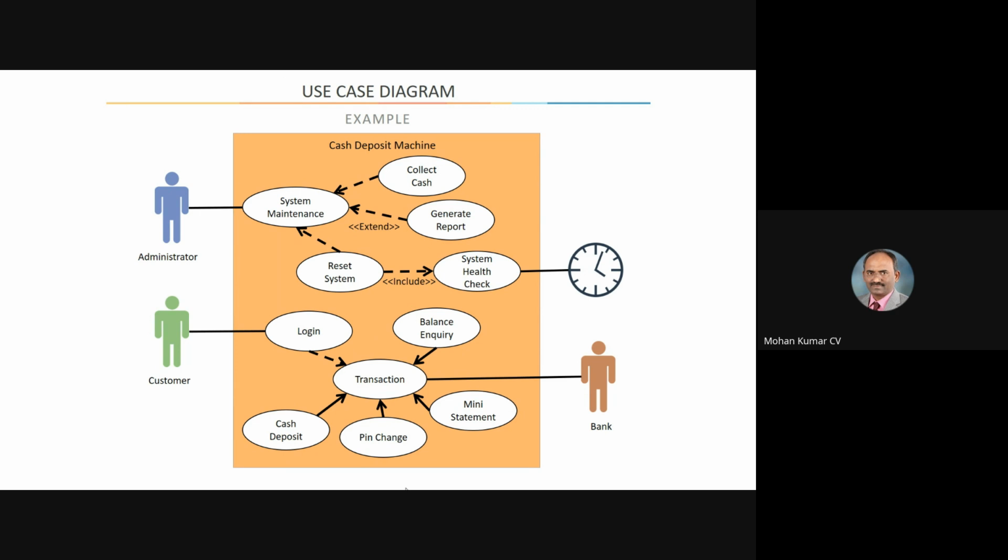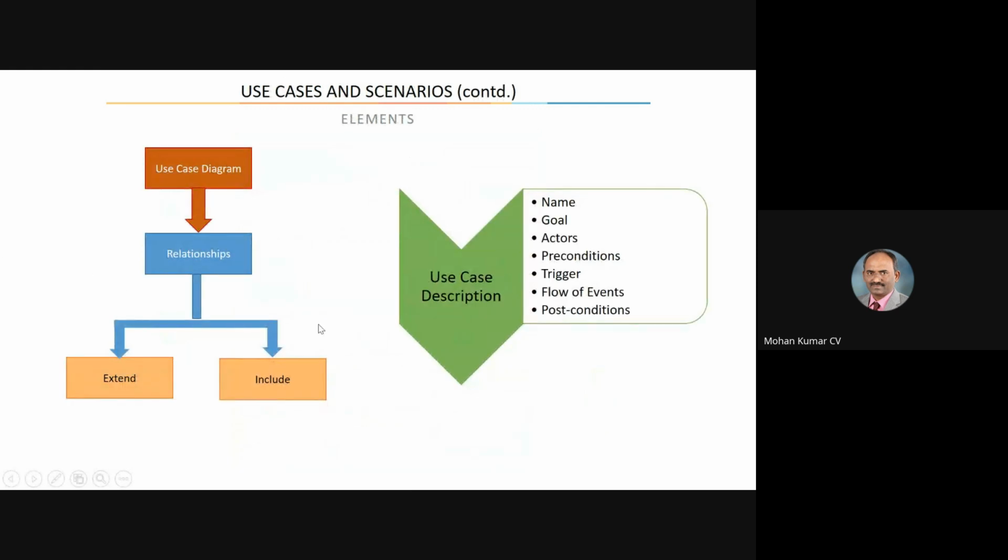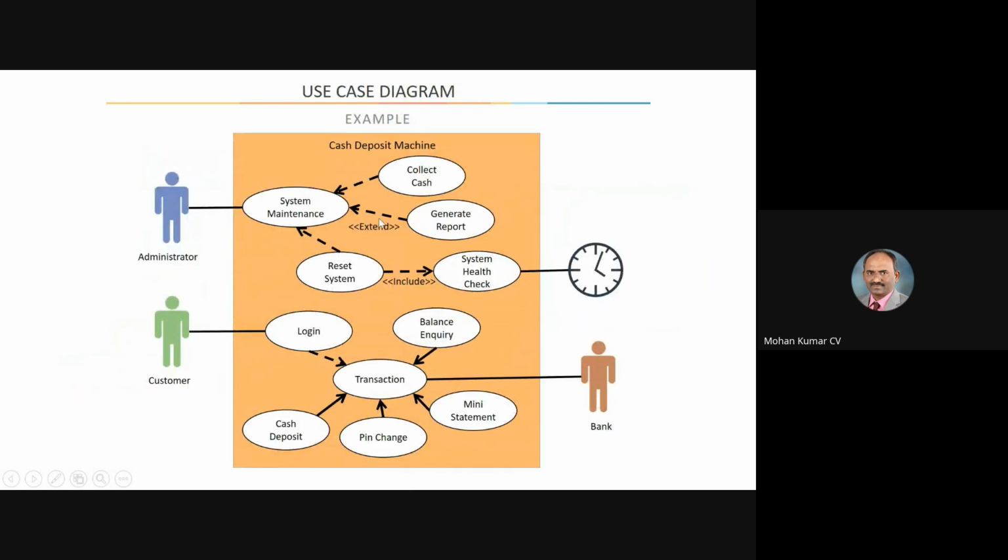Suppose you are an administrator. What do you do? You go to system maintenance, you collect the money that is deposited, you generate reports, you reset the system if required, and you do system health checks. All those things you do as an administrator. When you make a use case diagram, you make it with respect to one actor.